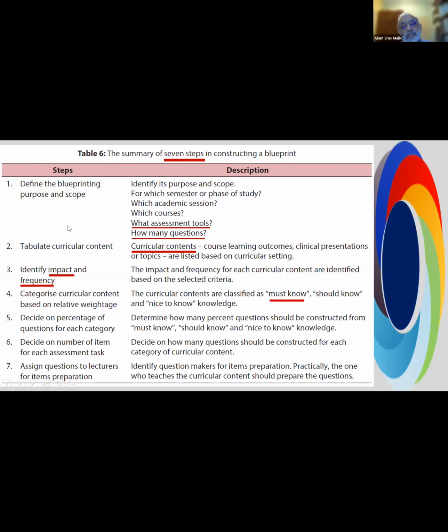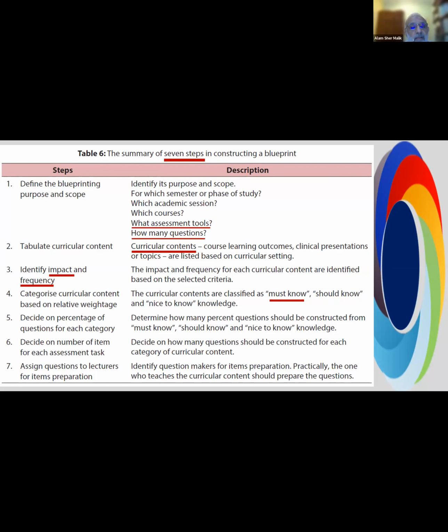We don't want to assess the minor points. So that's why the impact and frequency are very, very important. I'll explain in detail in a short while. To identify the area to be tested must be based on the impact and the frequency.